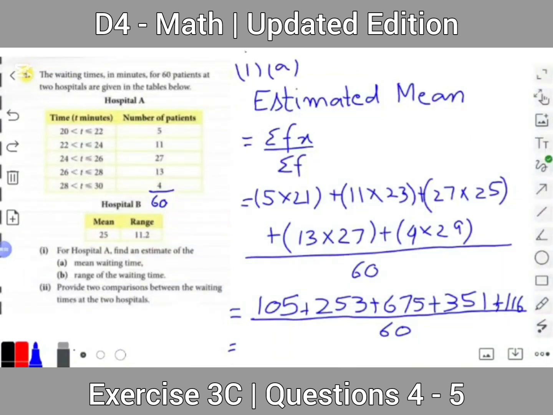Now adding up the values, we will get 1500 over 60, and after simplification we will get 25 minutes. So the estimated mean waiting time is equal to 25 minutes.